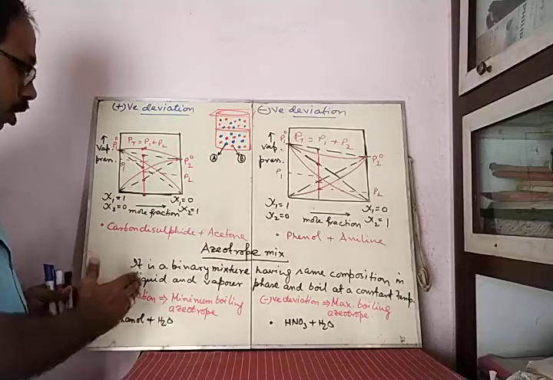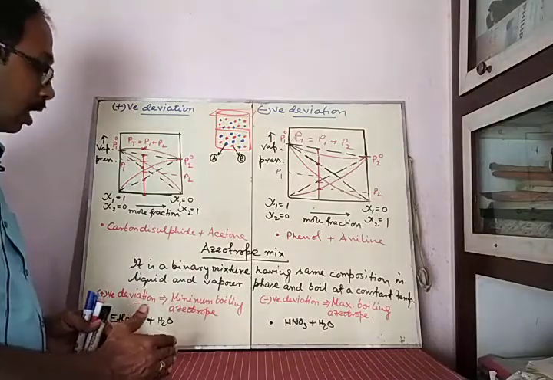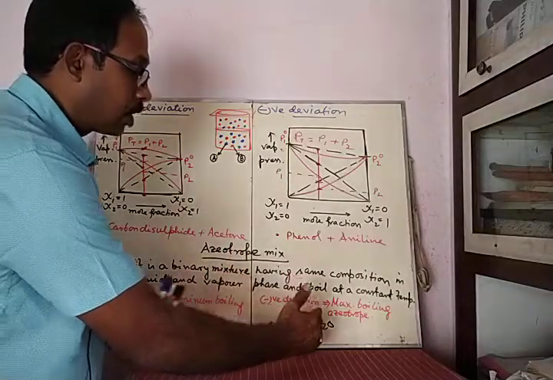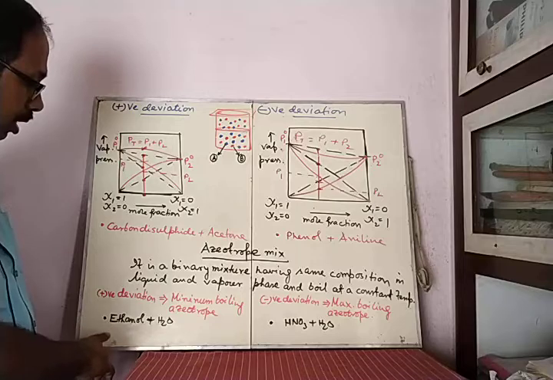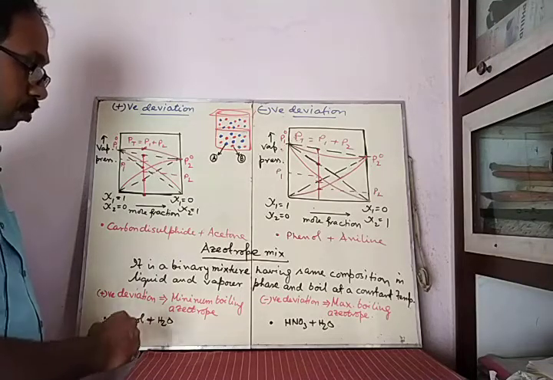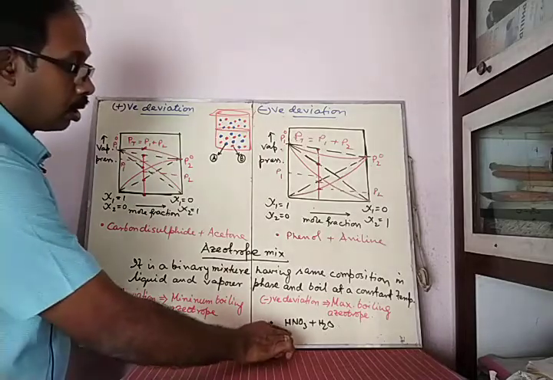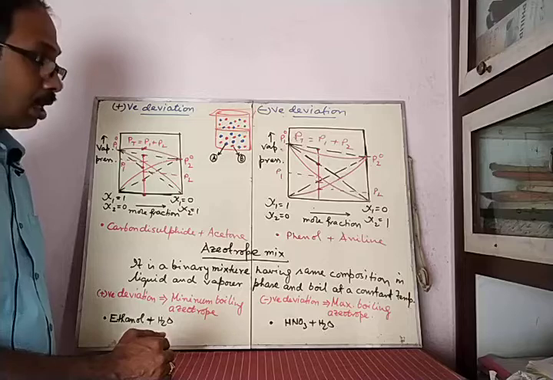That is, positive deviation means minimum boiling azeotrope and negative deviation means maximum boiling azeotrope. So here are examples. Ethanol and H2O gives minimum boiling azeotrope. Nitric acid and water gives maximum boiling azeotrope.